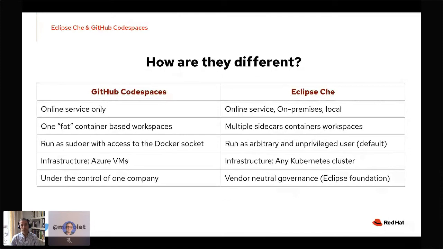Another difference that makes some difference on when you use it is that GitHub Codespaces is using a fat container. So a workspace is actually one container that has all the tools, all the dependencies for the Visual Studio Code extensions that are needed, and all the dependency to run Visual Studio Code itself. So you have Visual Studio Code, the extensions, everything, all these services running in the same container.